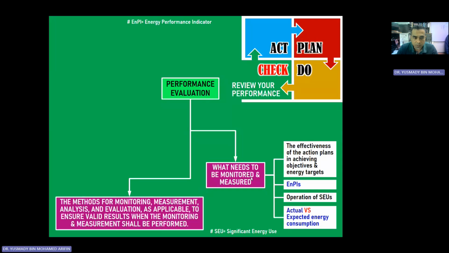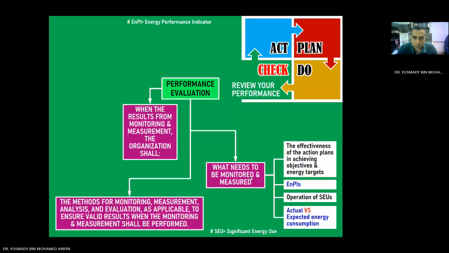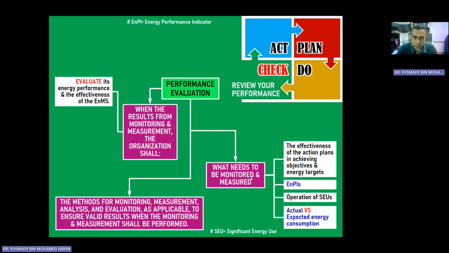So under performance evaluation, the methods for monitoring, measurement, analysis, and evaluation, as applicable, ensure valid results when the monitoring and measurement shall be performed. From the results of monitoring and measurement, the organization shall evaluate its energy performance and the effectiveness of the energy management system.